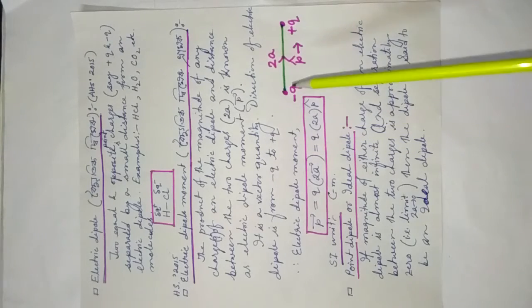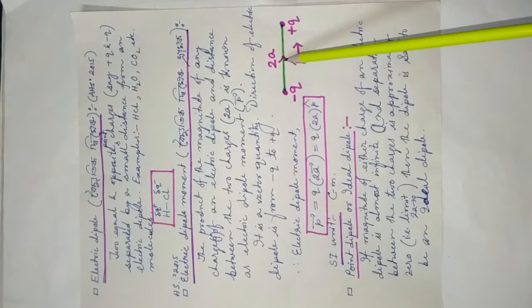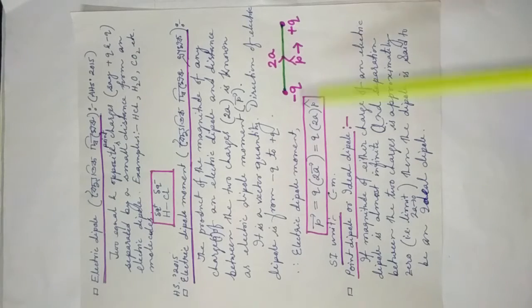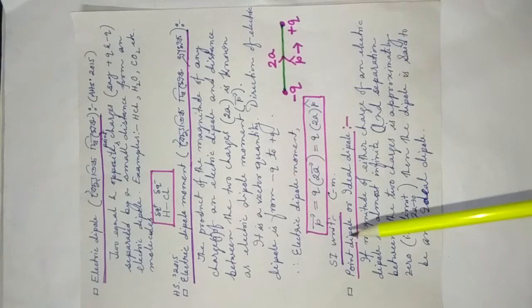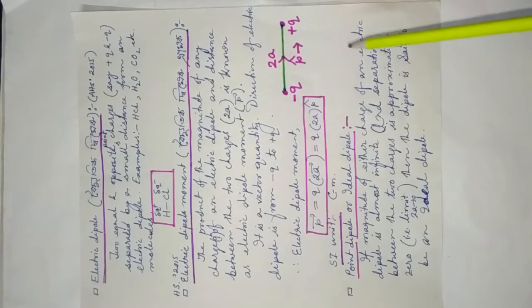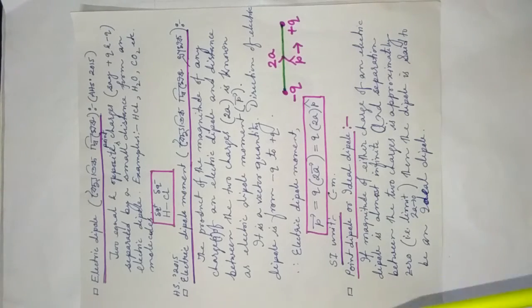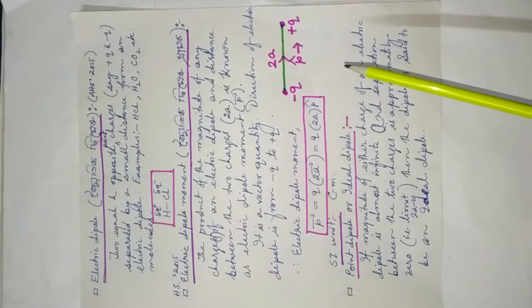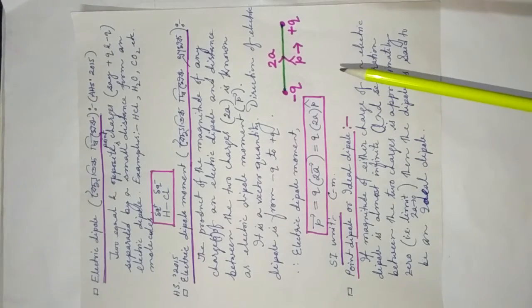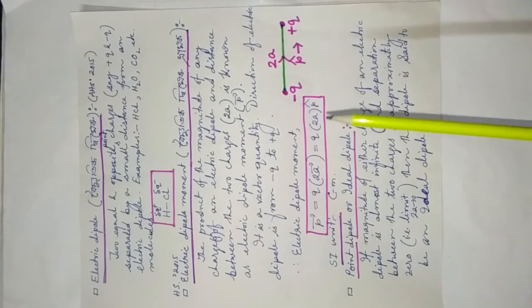In certain cases, if the point where we want to find the electric field intensity is very very far away from the dipole, then the electric field intensity will become negligibly small and ultimately tend to zero. In the next video we will find out mathematically the electric field intensity at different points of an electric dipole.